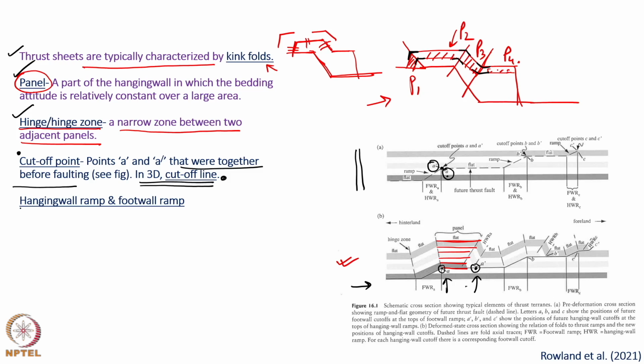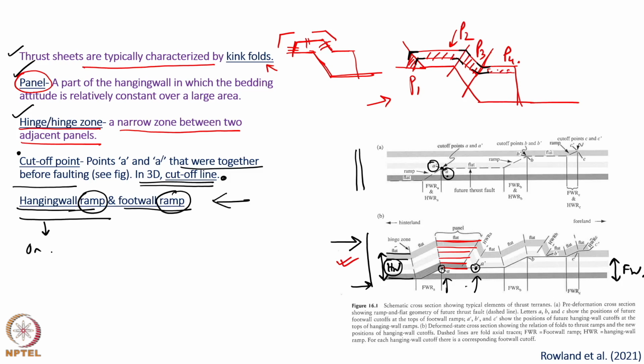Let us understand the term hanging wall ramp and the foot wall ramp. Ramp has already been defined, but we have to be careful in using the term hanging wall ramp and the term foot wall ramp. Look at the layers and the fault in this diagram carefully. Here this block is the hanging wall block and this block is the foot wall block. We are going to define hanging wall ramp first.